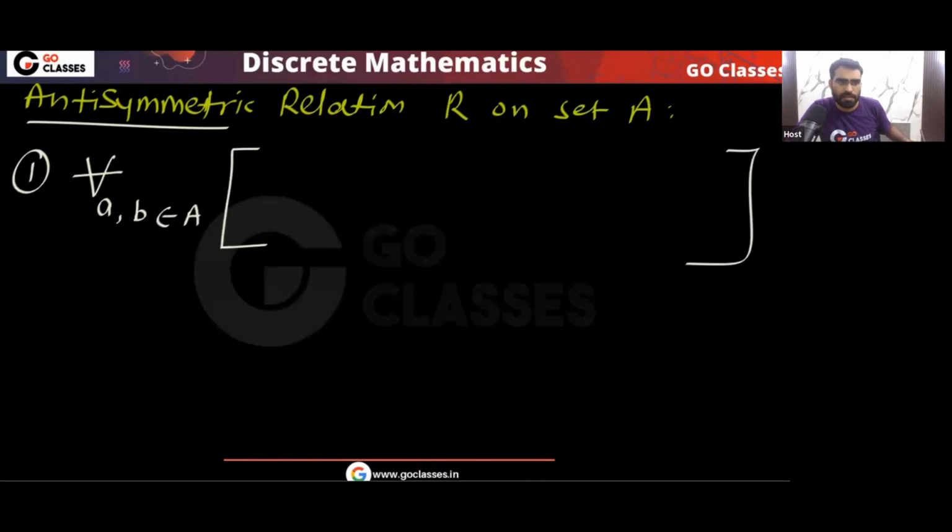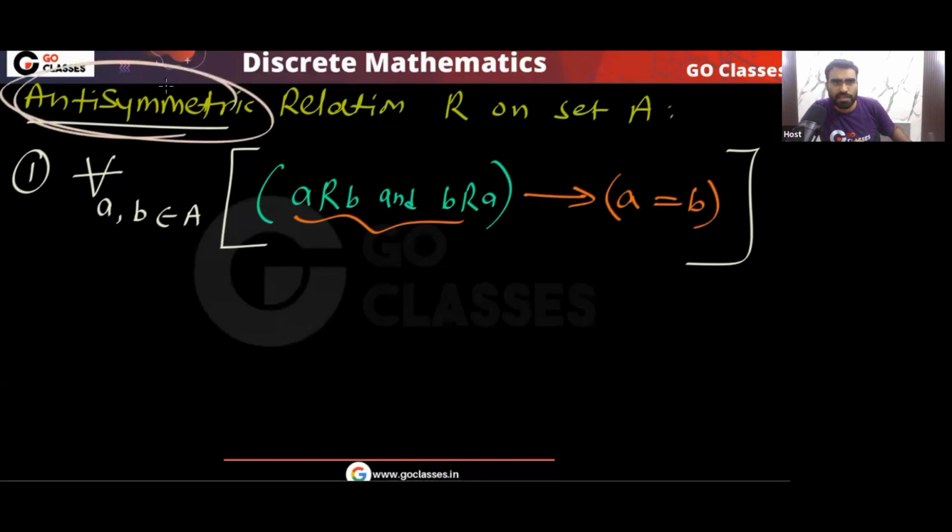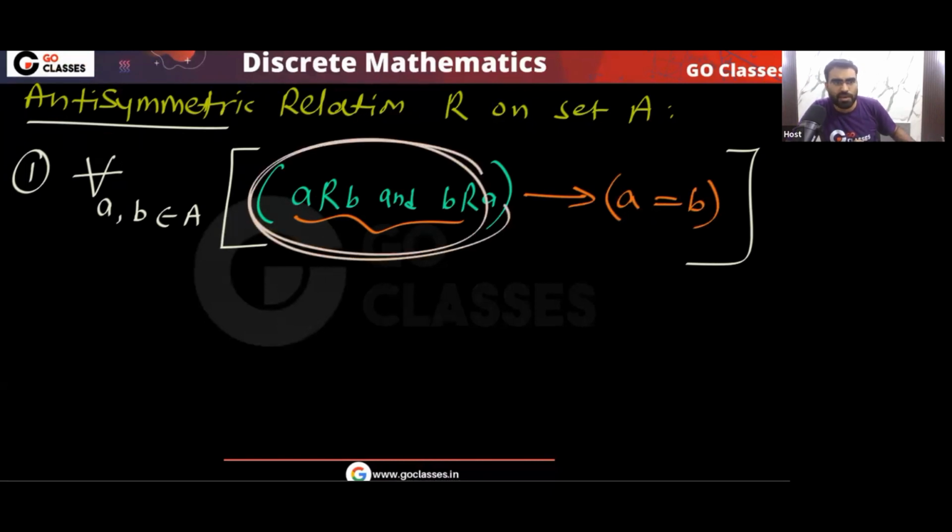This should happen: if they are related, meaning A related to B and B related to A, if this happens, then definitely A should be equal to B. Okay, yes or no? Because in the antisymmetric relation between different elements, this cannot happen.